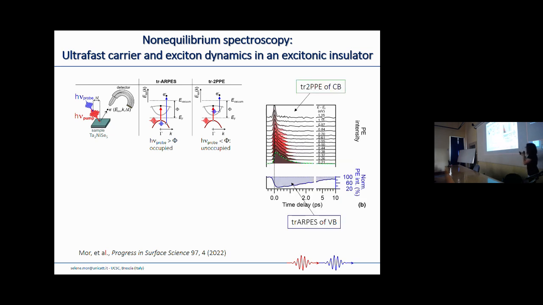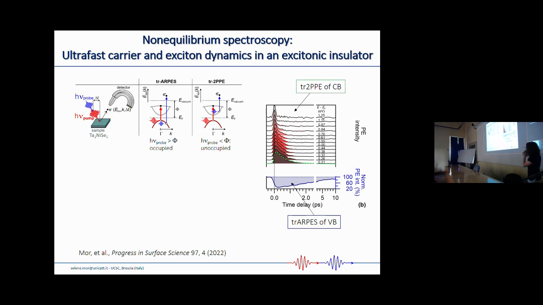And here you see that at any energy above and below the Fermi energy, so above and below the electronic band gap, you can record the dynamics. Here we were in the, let's call it, low temperature phase. The critical temperature for this phase transition in the material is pretty high, 330 Kelvin. Here we were measuring, I think, about 80 Kelvin or so, deep in the low temperature phase, which is supposed to be the excitonic insulator one.